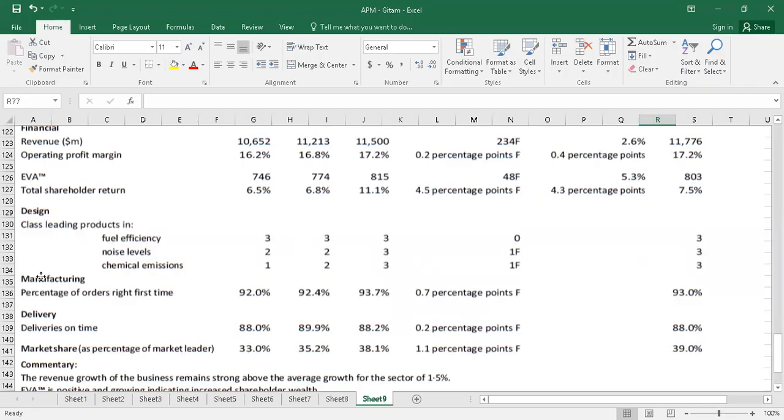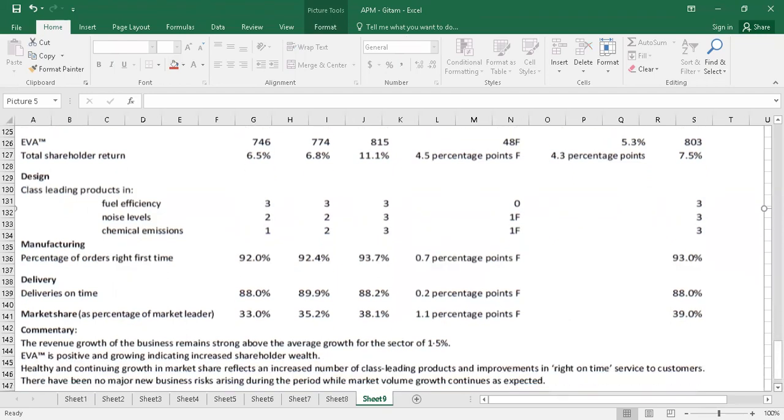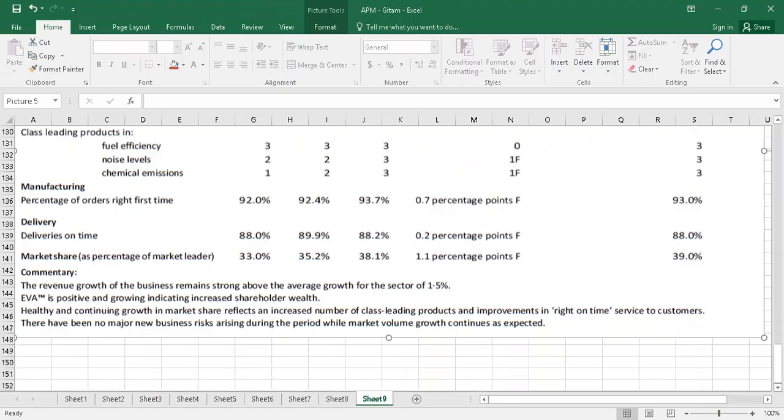Then another parameter is about manufacturing, the percentage of orders right first time. Then in terms of delivery, the percentage of deliveries on time is given. What's the market share as percentage of market leader? We see the percentages are given.